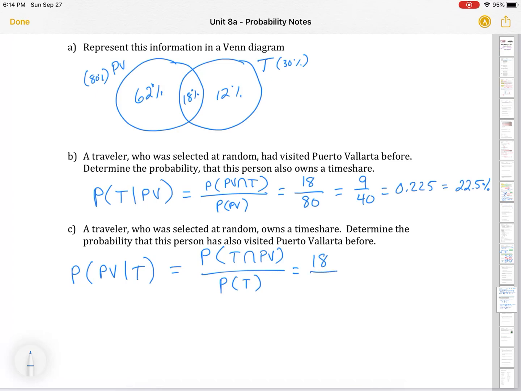On the top, it's the same amount because it's the and, and on the bottom, it is 30 because that's the total that owned the timeshare. Again, we can reduce this. It reduces to 3/5, which is the same as 0.6 or 60%. Far more likely to have somebody who owns a timeshare also visited Puerto Vallarta before. Or vice versa, sorry.